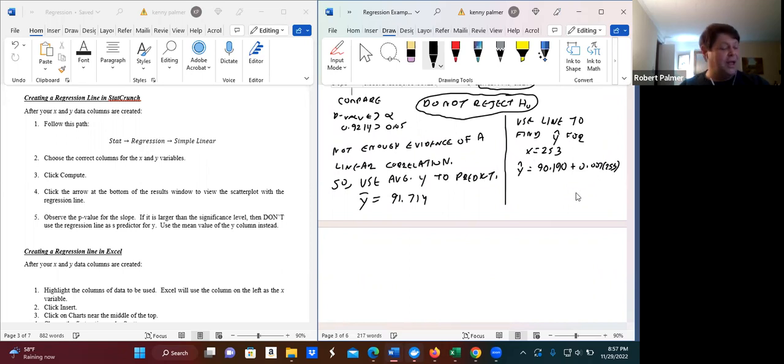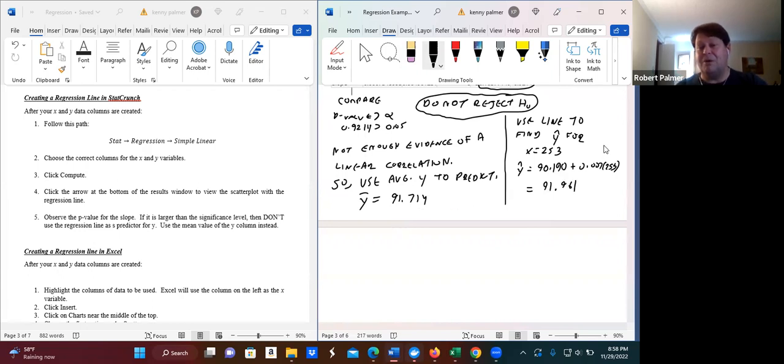Let's plug that into our best fit line really quickly. 253 times 0.007 plus 90.19 turns out to be 91.961. Try this on your own as well.